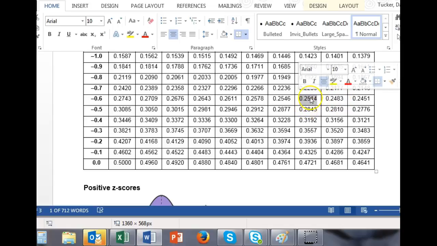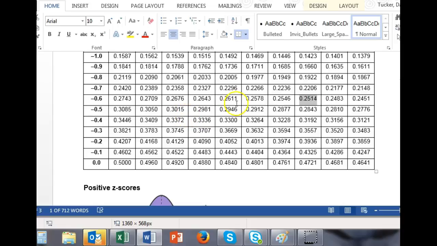Now, 25.14% is 14 hundredths of a percent above 25%, while 24.83% is 17 hundredths below, so it's 0.0017 below 25%. This one is 0.0014 above 25%. So we're going to go with the one that's closest. I'm going to go with this one.